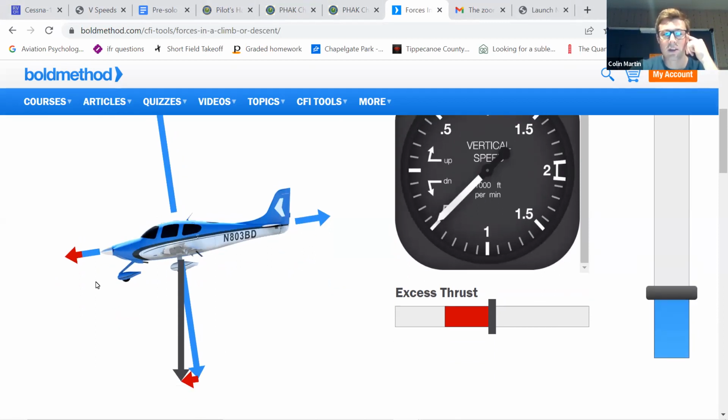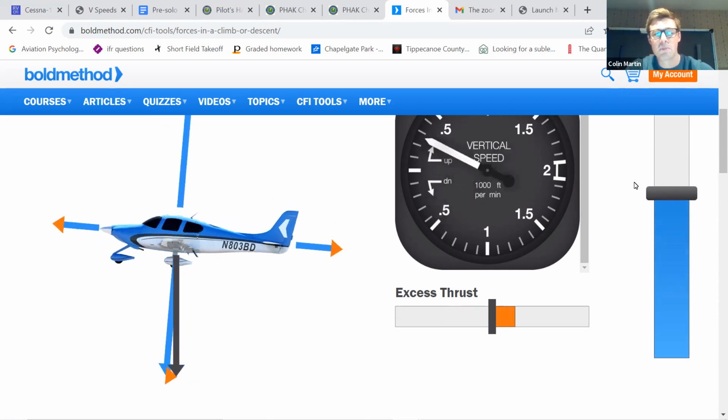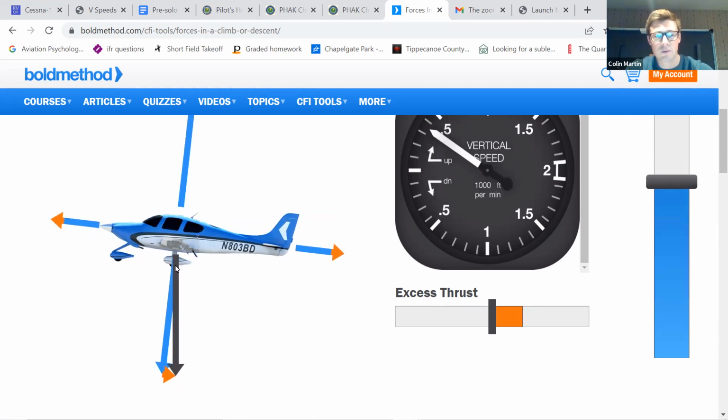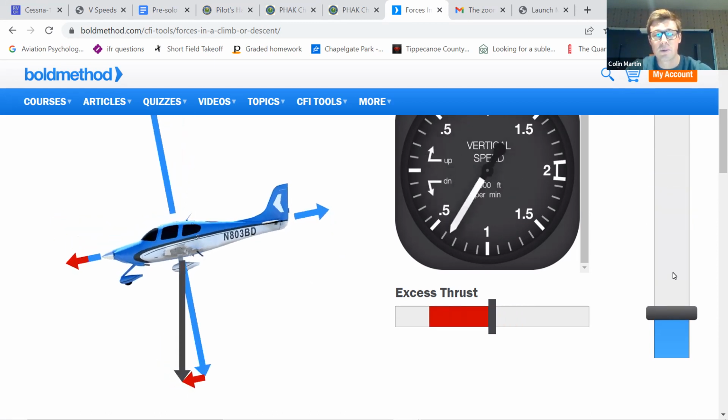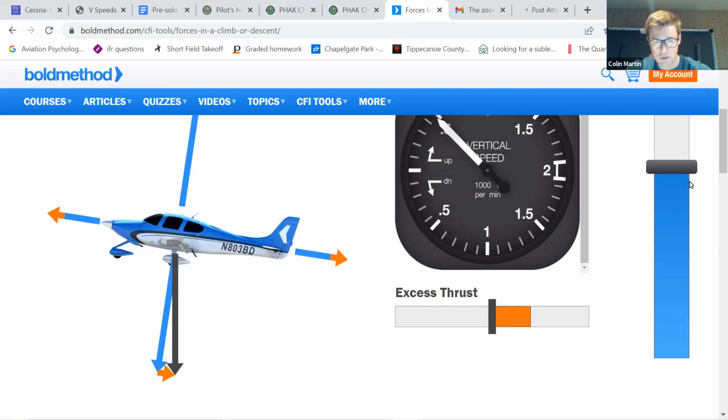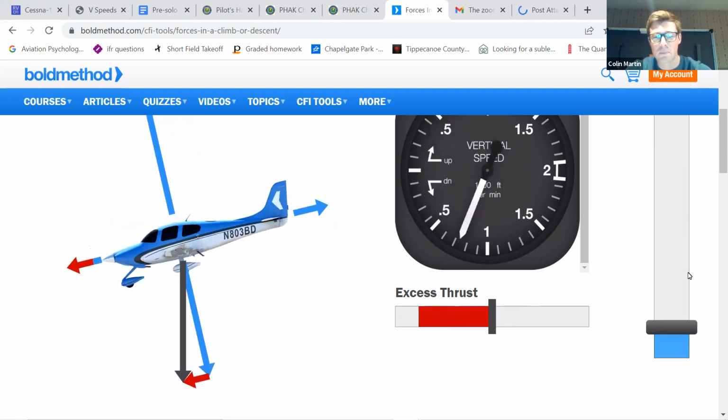Do you see this red arrow and this red arrow right here? Every time, whether we move our airplane's nose up or down, that black arrow pointed straight from the bottom represents our weight, and it will always act down towards the earth, right?